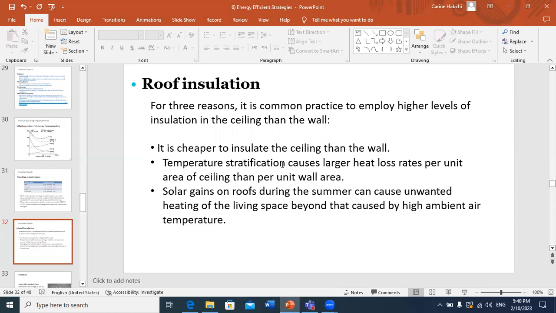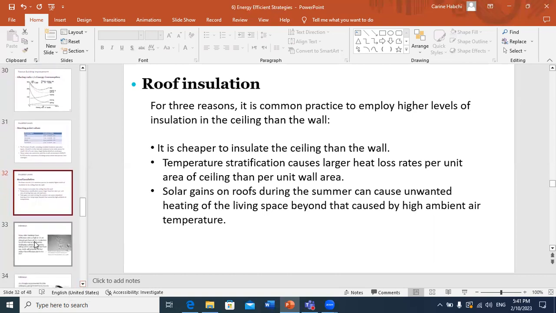Second, the temperature stratification causes larger heat loss rates per unit area of ceiling than per unit wall area. So mainly the roof is one of the main sources of heat losses. That's why it's important to insulate it appropriately. Third, solar gains on roofs during the summer can cause unwanted heating of the living space beyond that caused by high ambient air temperature. That's why it's very important to insulate the roof appropriately.